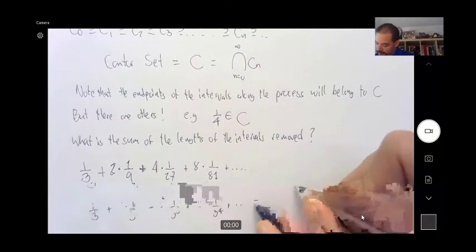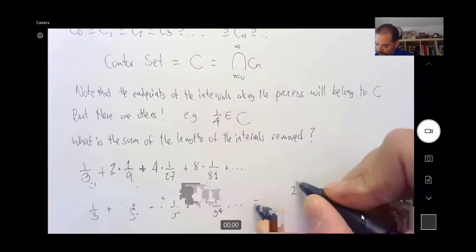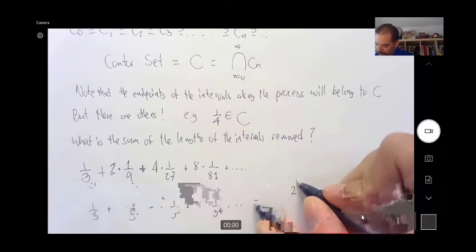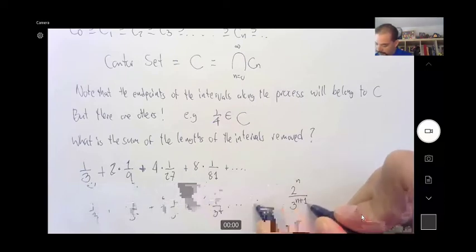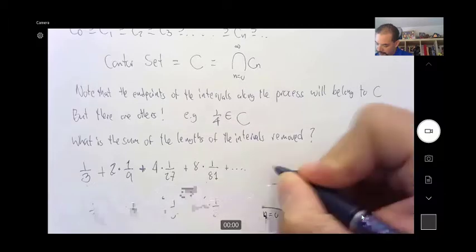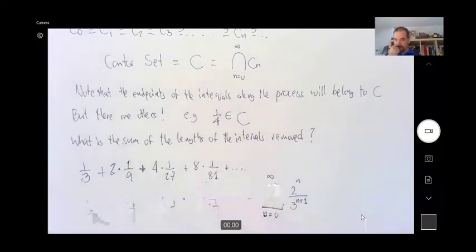It is the series of 2 to the n divided by 3 to the n plus 1, starting at 0 and continuing all the way to infinity, right? So the power of 3 is 1 bigger than the power of 2 at every stage, correct?